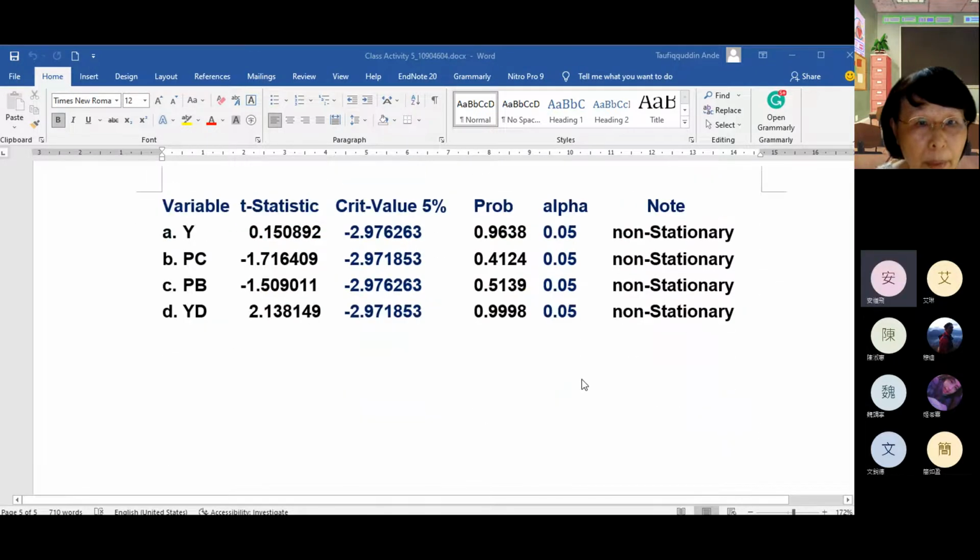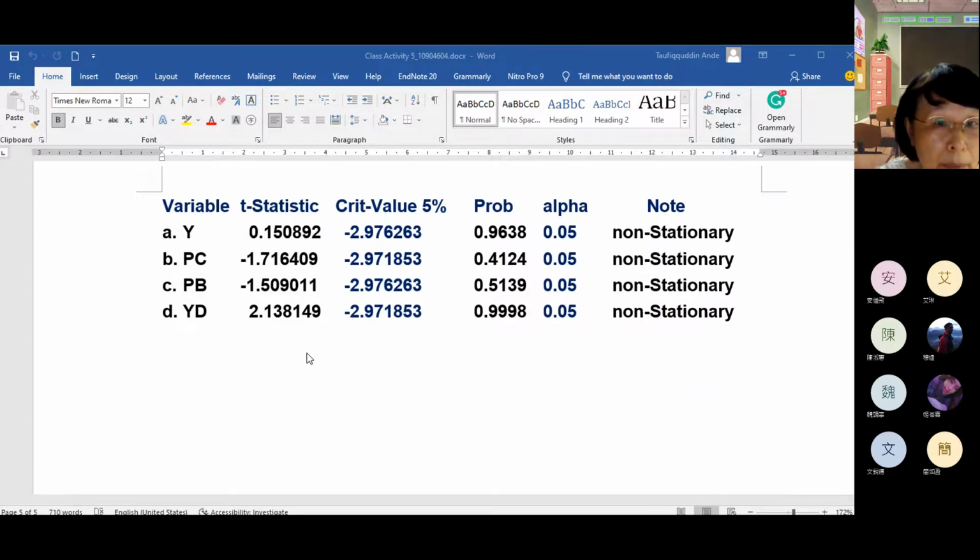So you have PC and YD with the same critical value, right? And PB and Y are the same. PB, Y the same critical value, and PC and YD the same critical value.